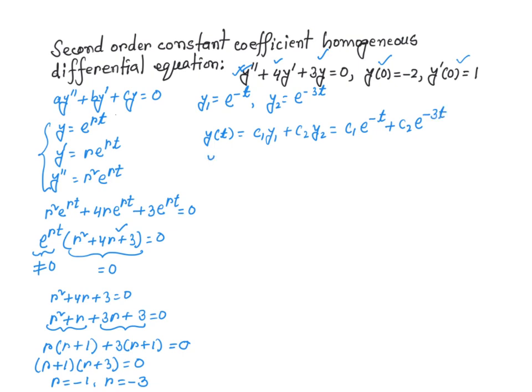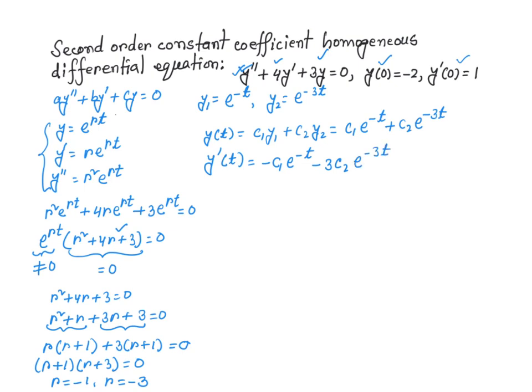And then if I take the derivative of it, y prime of t is equal to negative c1 e to the power negative t negative 3 c2 e to the power negative 3t.